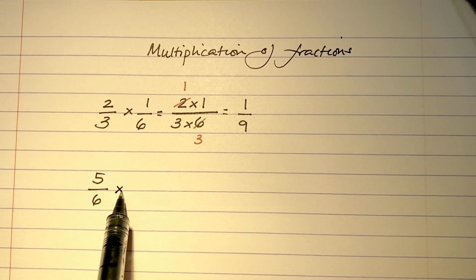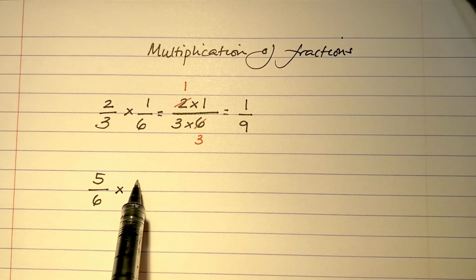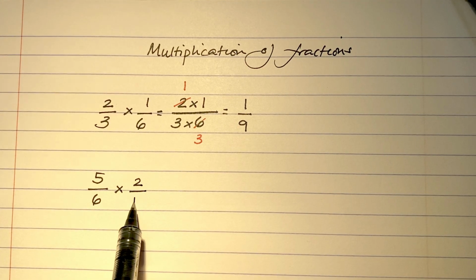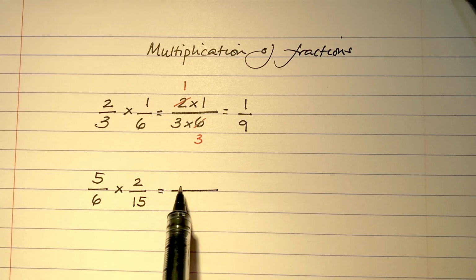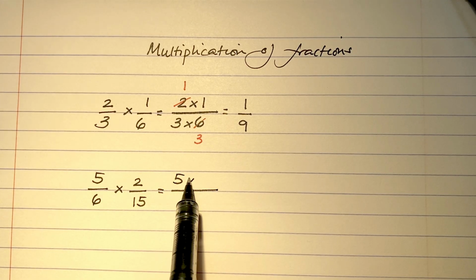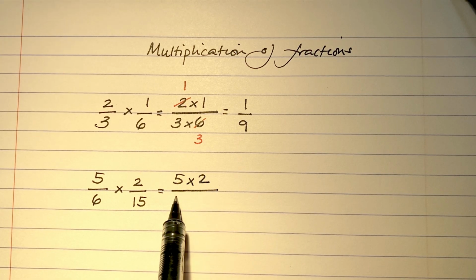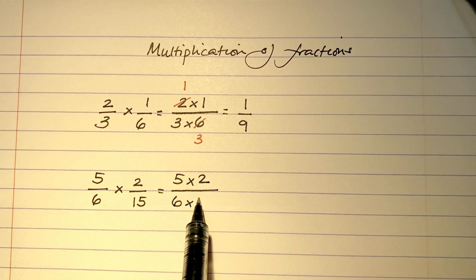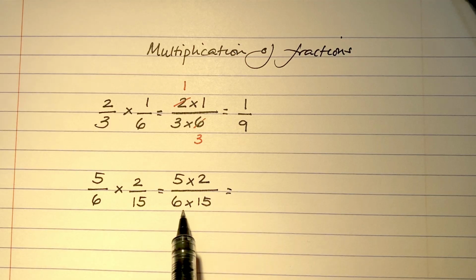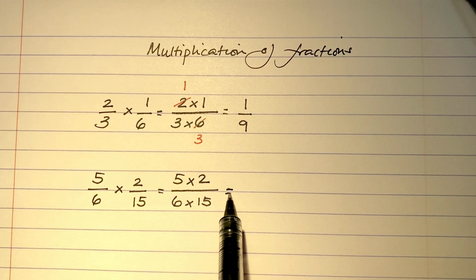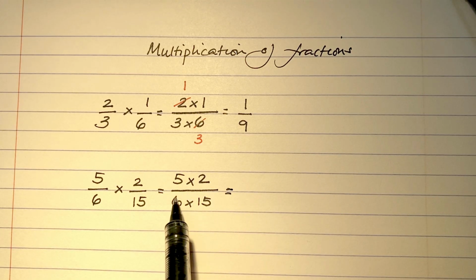5/6 times 2/15. Okay, as I said, it's simple. The two top numbers, the numerators, multiply, go to the top. Denominators multiply, go to the denominator. Some people work out and simplify at the end, but I think simplifying before the end is easier.